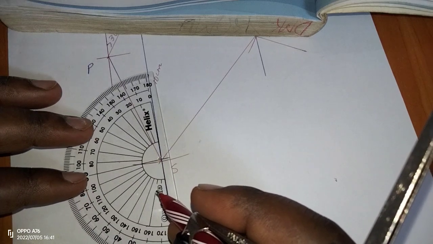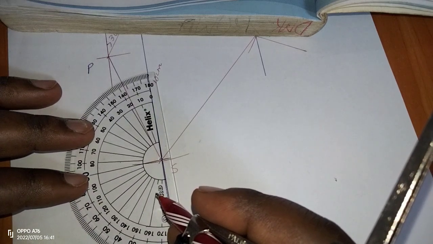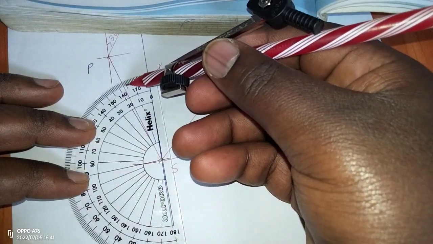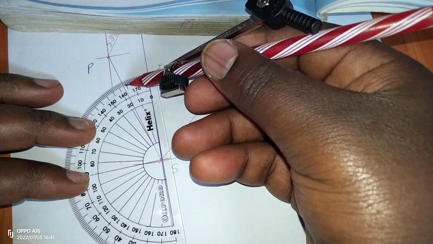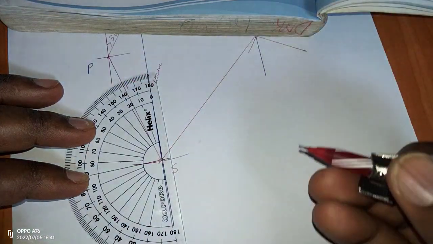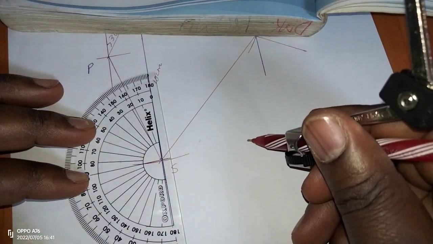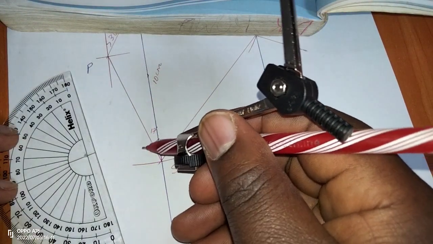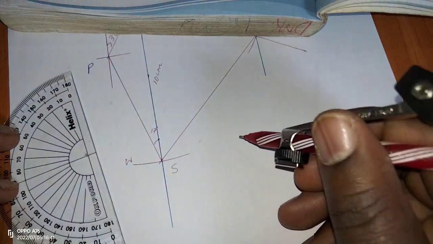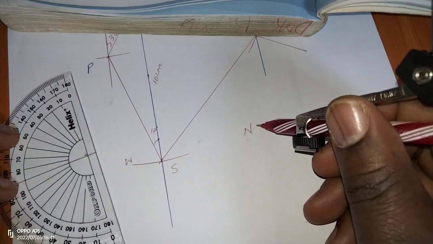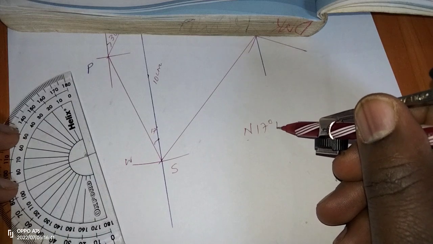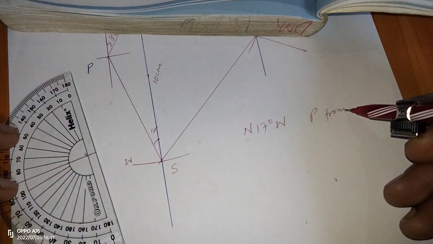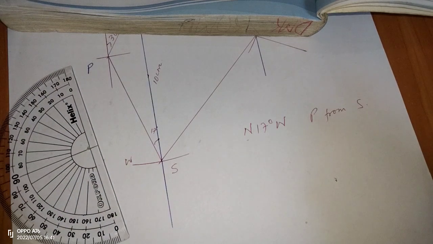So standing at S, I can see that we are before 20, but past 15, 16, 17. So an angle of 17, but we are turning from north. So we are moving from north through an angle of 17 towards west. Therefore, it will be from north, an angle of 17 towards west. This is the bearing of P from S.